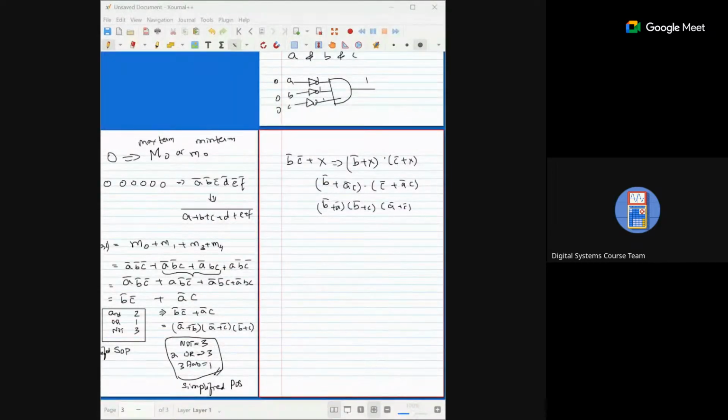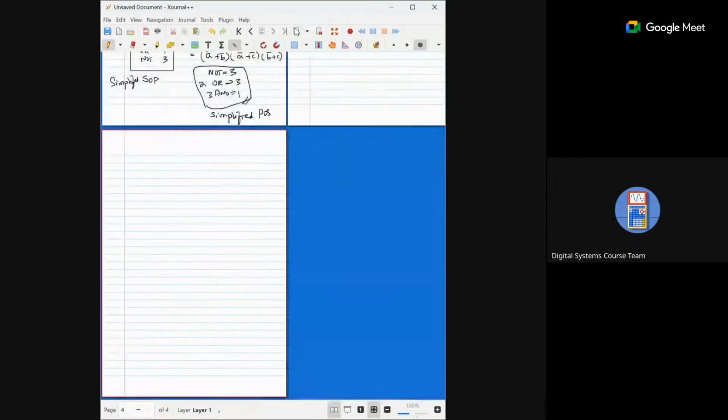I think you have to see the poll in Google Meet. I'm asking which are not adjacent.